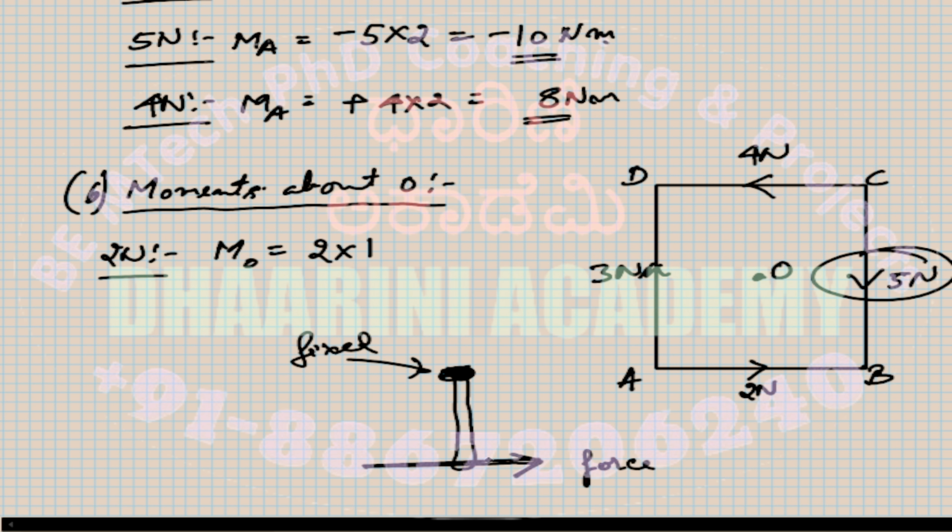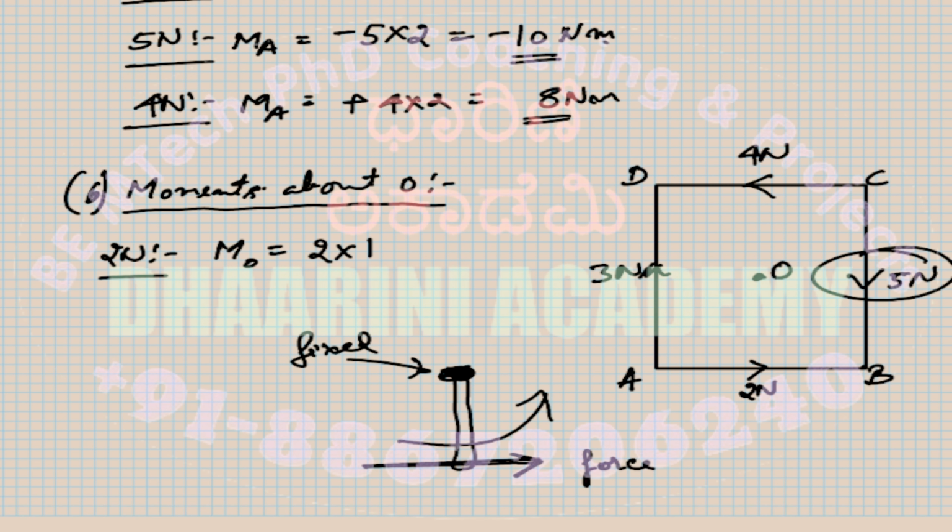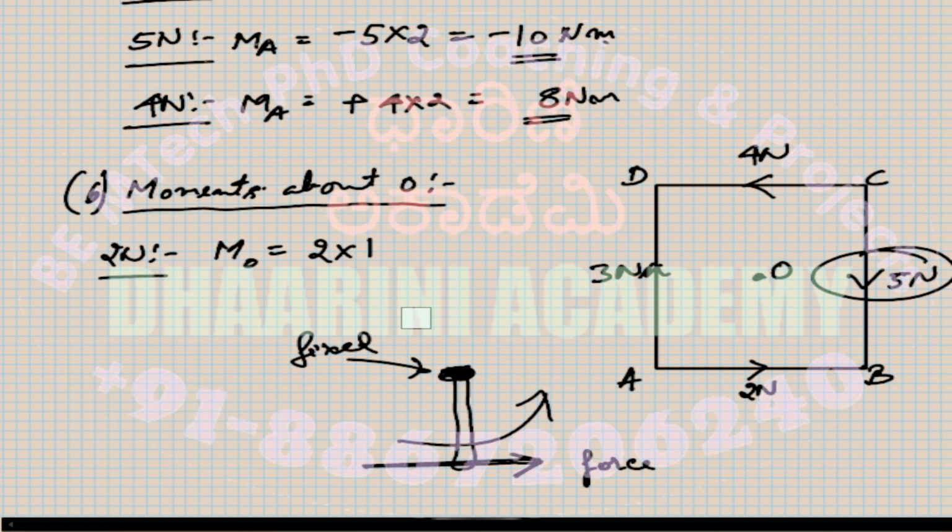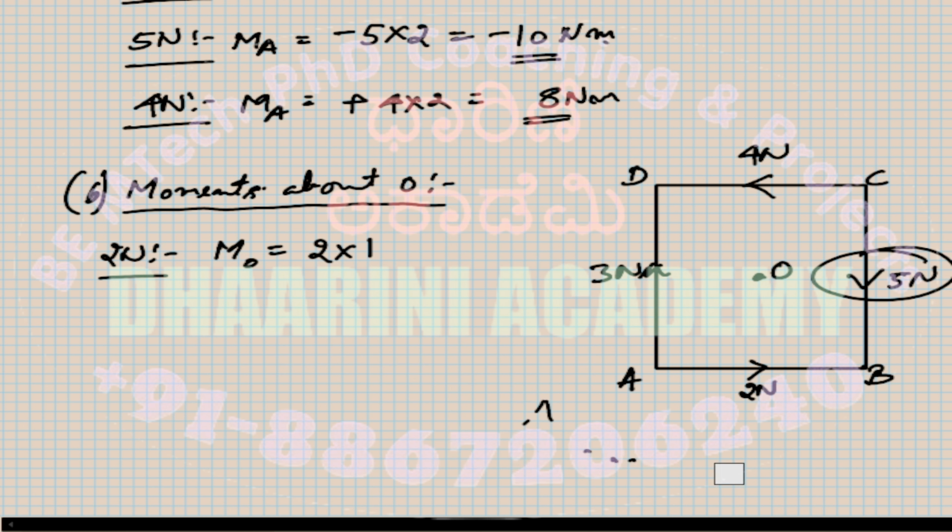Just consider the direction in which it is going to rotate. It will rotate like this, so is that clockwise or anti-clockwise? It is anti-clockwise. Anti-clockwise direction means positive, so this is simply 2 Newton meter.